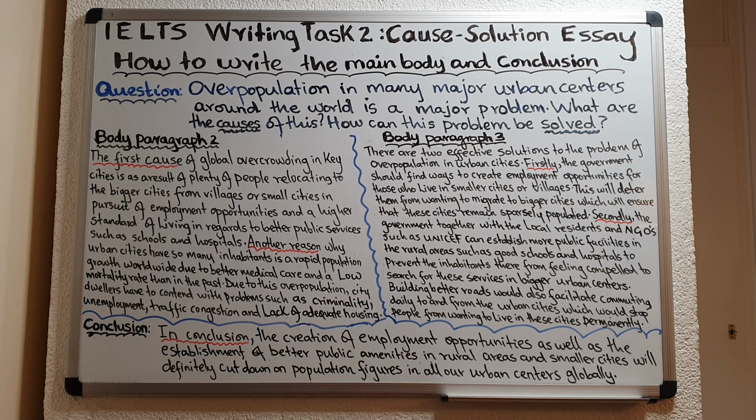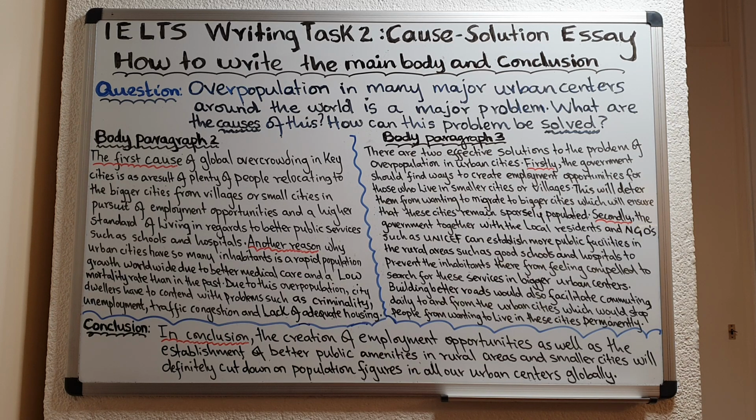So that's how you should answer this question in regards to how to write body paragraph 2. So in body paragraph 2, you have not only answered the first question, which is what are the causes of this, but you have also touched on what the problems are as a result of overpopulation. You have written that at the end of paragraph 2. And now you can move on to body paragraph 3.